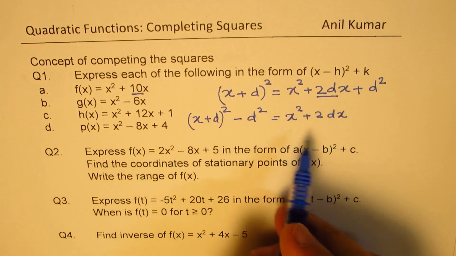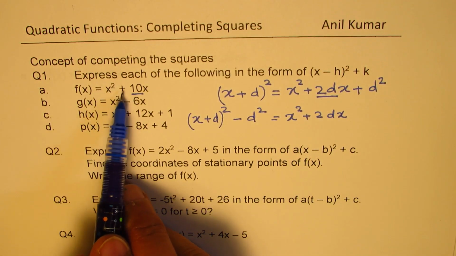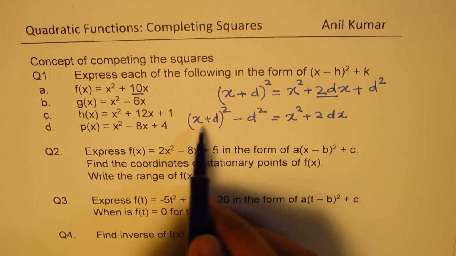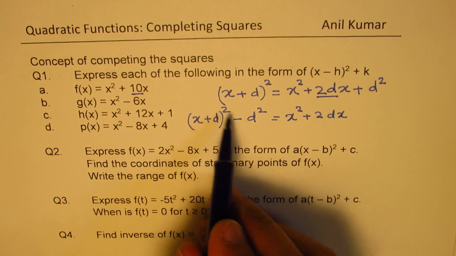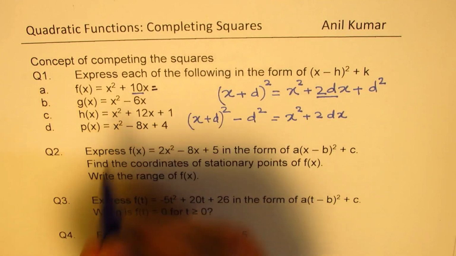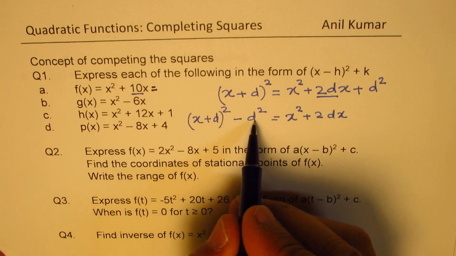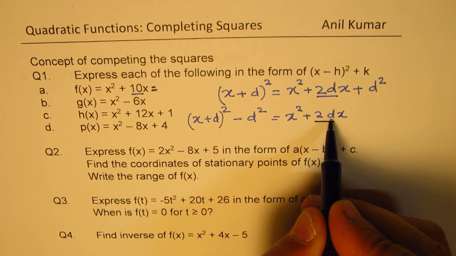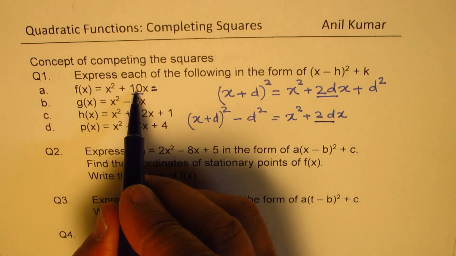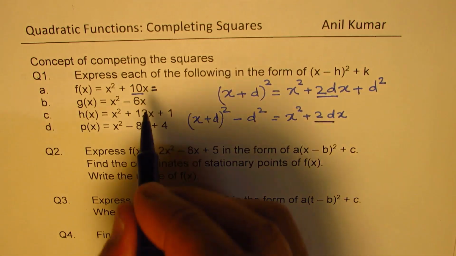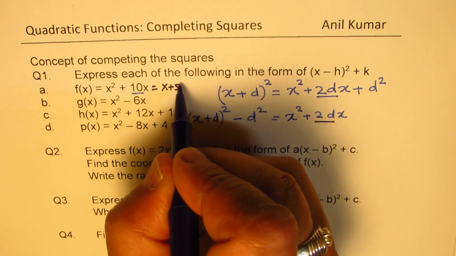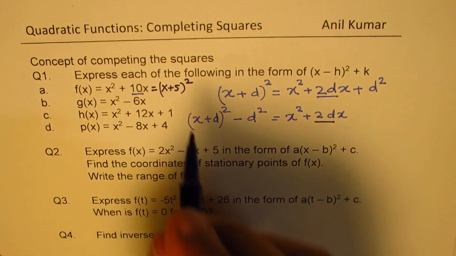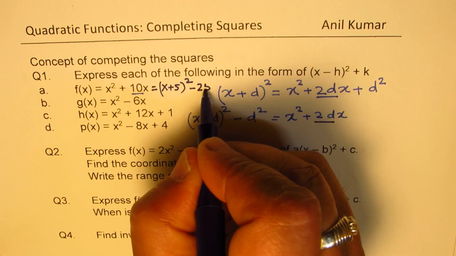So directly also, if I have x squared plus 2dx, I could complete the square and write this as x plus d whole square minus d square, right? So what is d? The coefficient of x, half of that is d. Do you see that part, right? So half of 10 is 5, and therefore I could write this as x plus 5 whole square minus d square, which is this number 5 squared, so minus 25. Does it make sense to you?